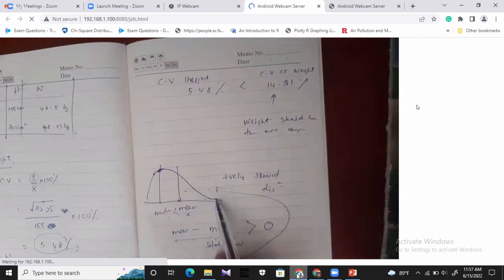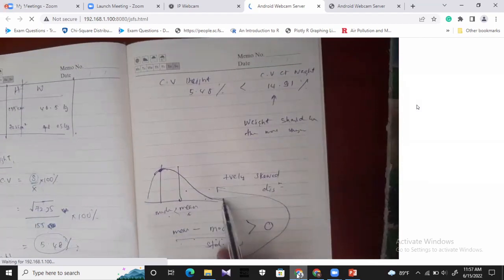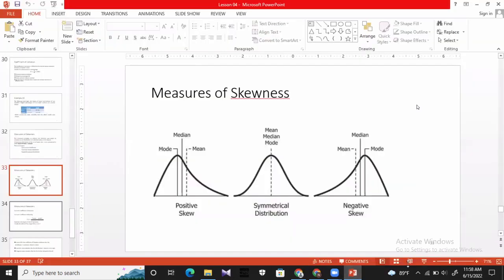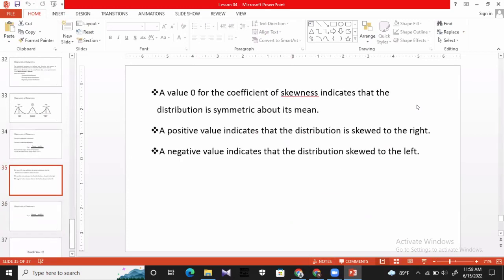You can see that the right tail is very long. If we want to explain their skewness, we can use the formula mean minus mode over standard deviation, introduced by Pearson. So we call that coefficient Pearson's coefficient of skewness. Other than this formula, he introduced another formula, this one.